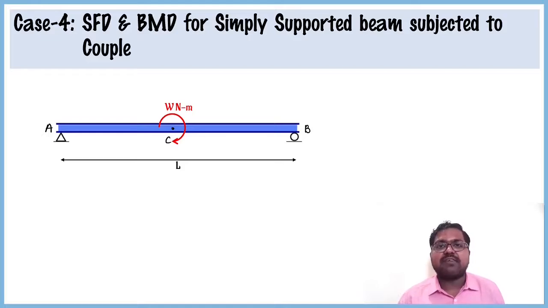Whenever there is an action of a couple, the bending moment diagram will suddenly drop or rise at that point. Like in a shear force diagram, due to a point load, the shear force will rise or drop suddenly. Likewise, whenever there is an action of a couple, the bending moment diagram will rise or fall suddenly. Now let us see.